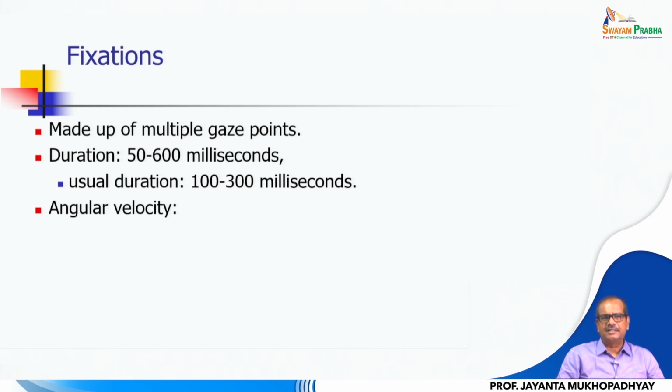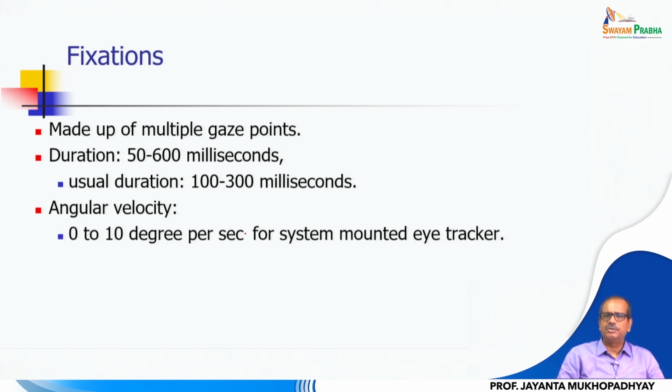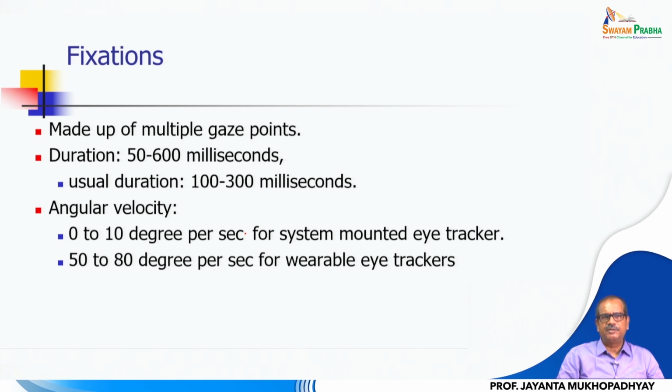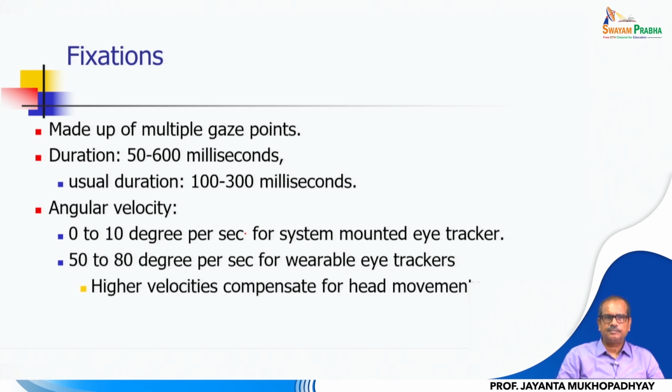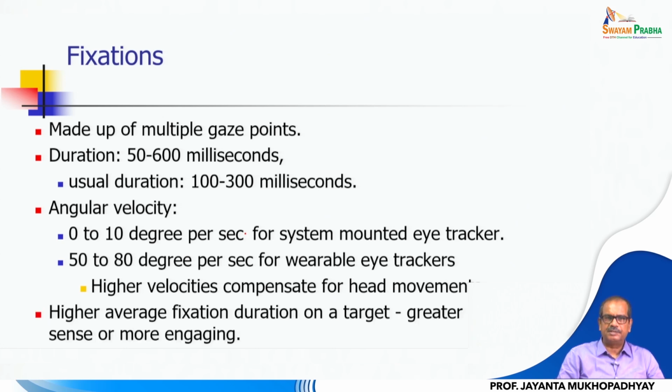Then its angular velocity is 0 to 10 degrees per second for a system-mounted eye tracker. So when we view, we consider the viewing angle. The angular velocity is around 50 to 80 degrees per second for wearable eye trackers, and higher velocities compensate for head movements.